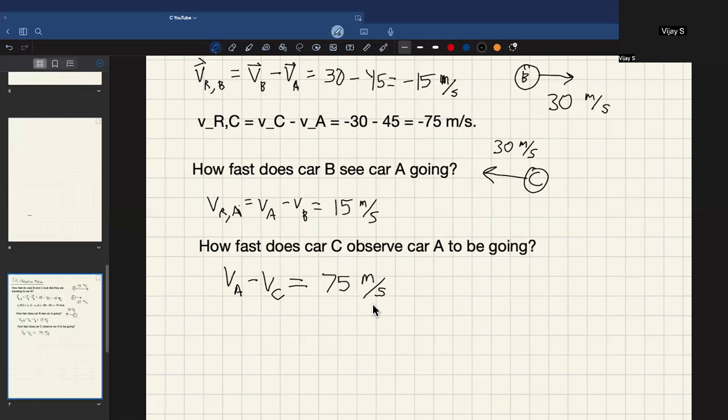There are other possible notations out there, but I think that this is probably the best one to follow. I think this is the one that College Board's going to follow. Just, if relative to car C, for example, car A is moving to the right from our point of view, then it would make sense for the relative velocity to be positive. So there's our one-dimensional problem.